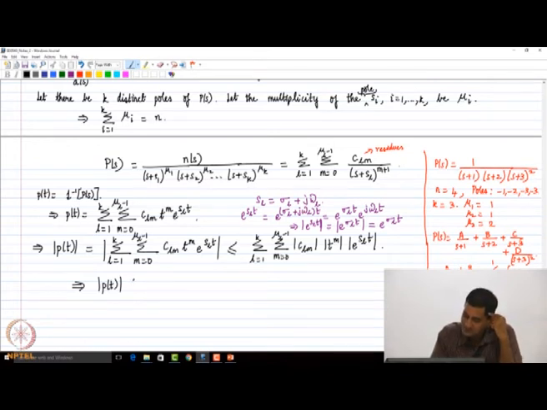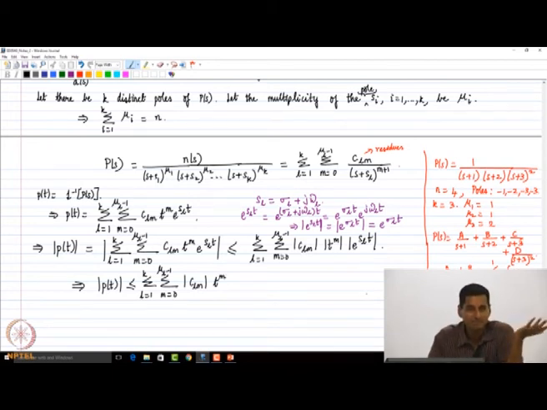So essentially this shows that the magnitude of p(t) is going to be equal to the summation over l from 1 to k, m from 0 to mu_l minus 1, magnitude of c_lm. I can just write t^m as it is, because we are only taking the case t greater than or equal to 0, and then this we got as e^(sigma_l t). Do you agree?